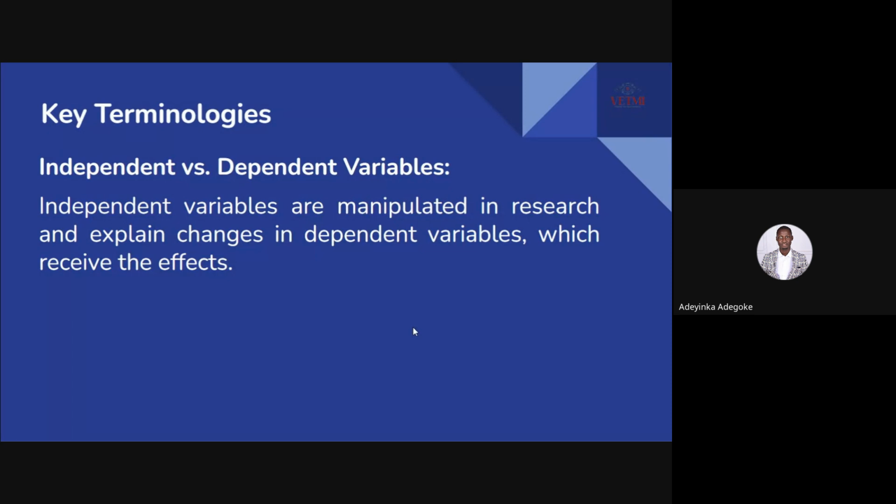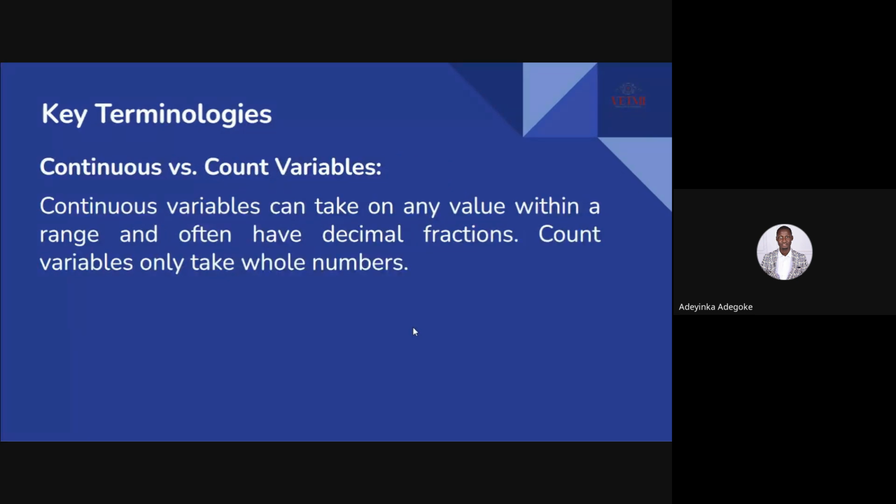Also, we have the continuous versus count variables. Continuous variables and count variables belong to a type of variable known as numeric variables. So before a variable can be continuous or count, it has to be a numeric variable. It has to be in form of numbers.